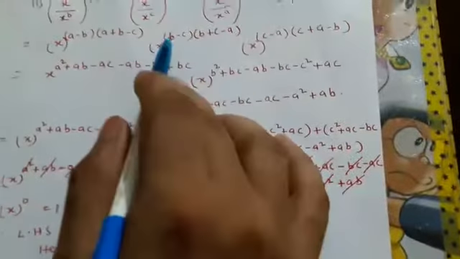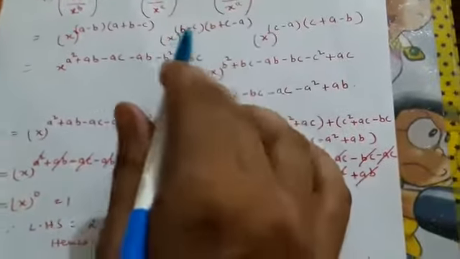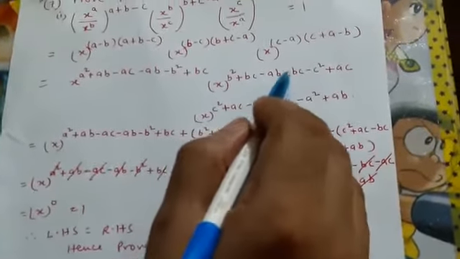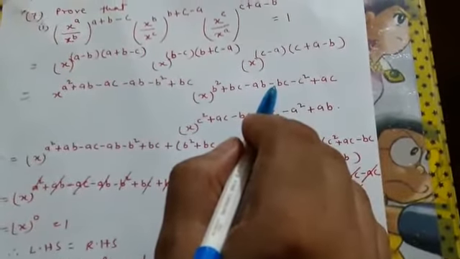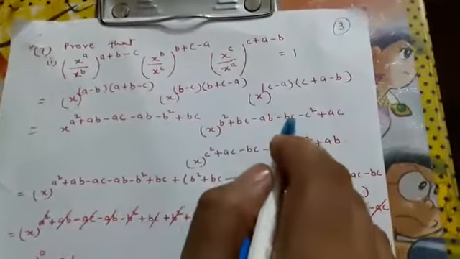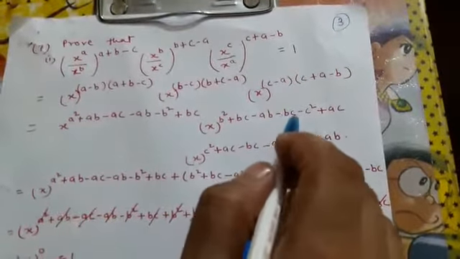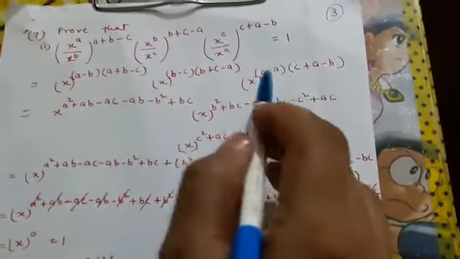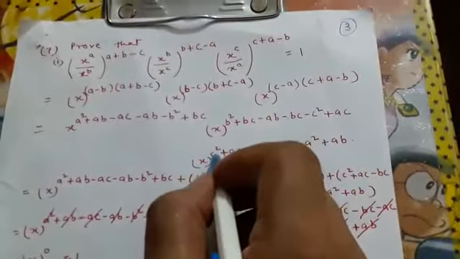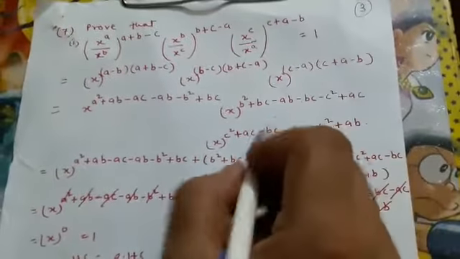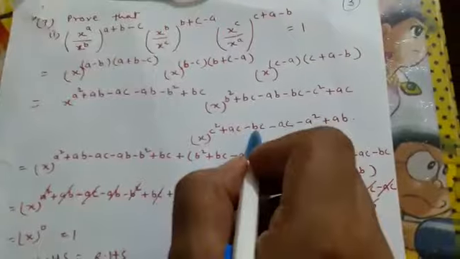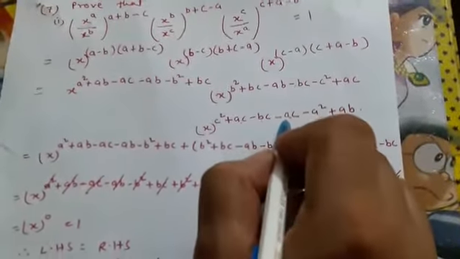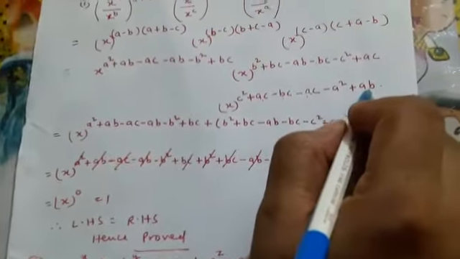Similarly for x, here b into b square, b into c, bc plus bc minus ab minus bc, minus c square plus ac, and this side c into c square, c into ac minus bc, and then minus ac minus a square plus ab.